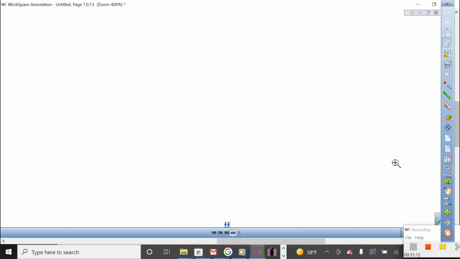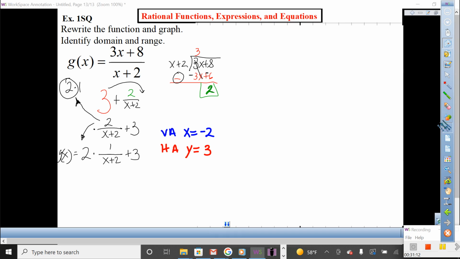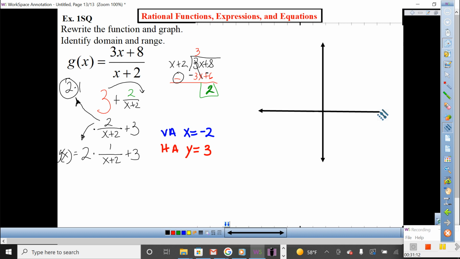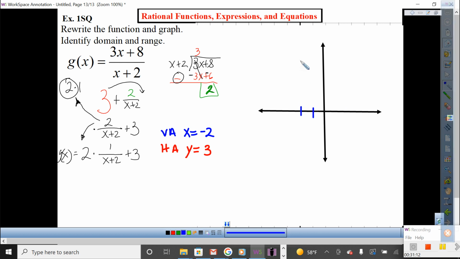Okay, let me zoom out. So, let's plot those. Y equals 3.